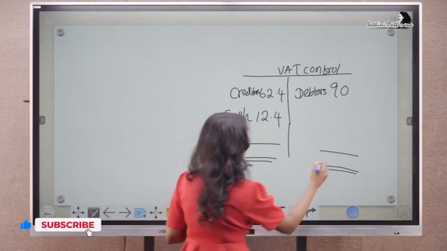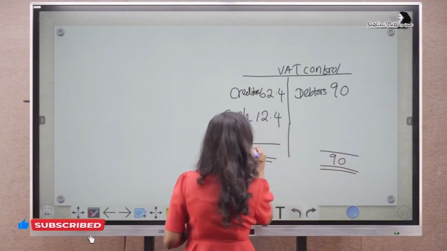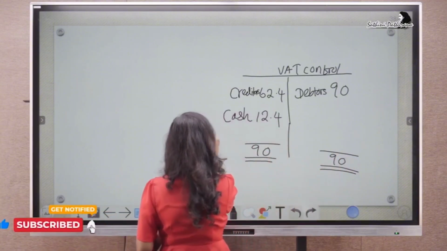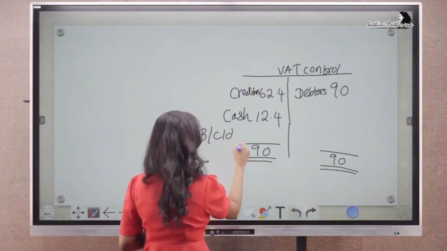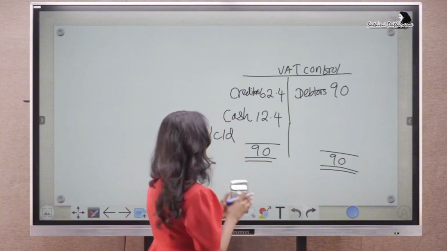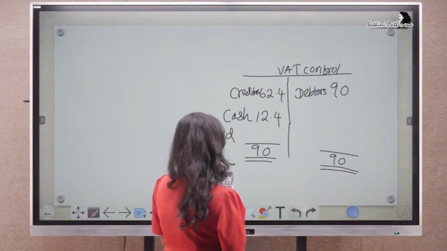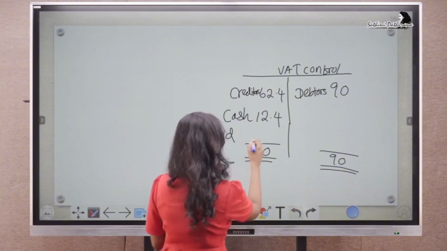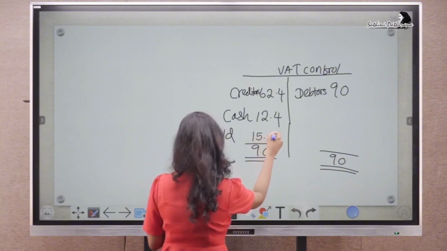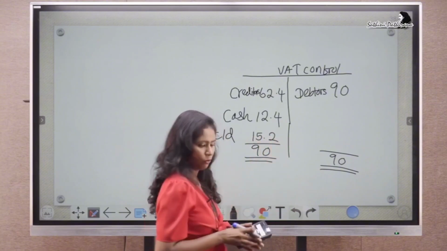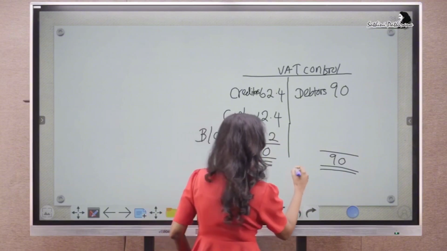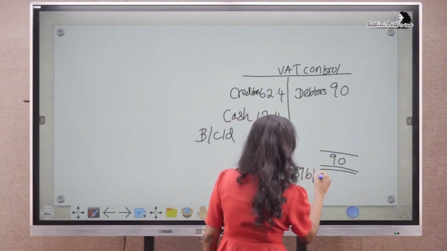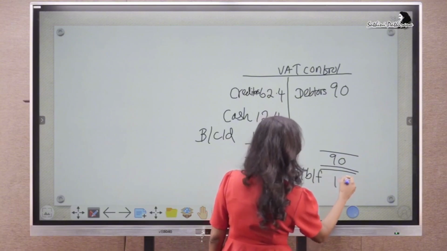Credit side is higher, 90. You write here also 90. Then we are getting the balance carried down here. 90 minus 62.4 and 12.4, which is 15.2. Now this time we have a credit balance.